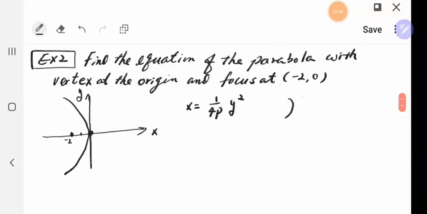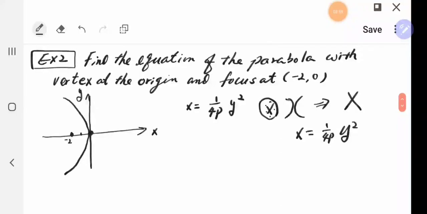If a graph opens left or right, then this one looks like the letter x, isn't it? So the formula will be x equals 1 over 4p y squared. Does it make sense? If a graph opens to the left or right, then that looks like the letter x.